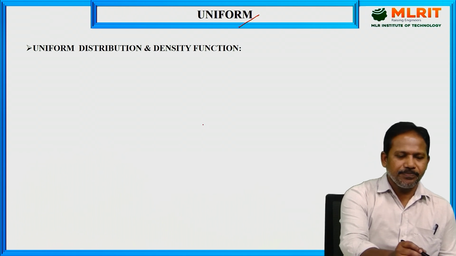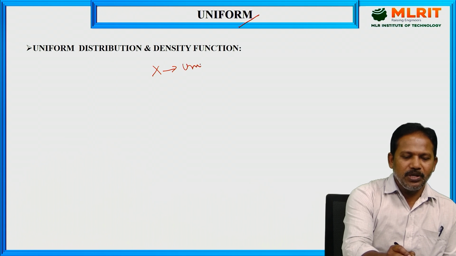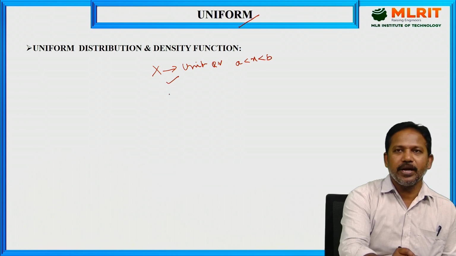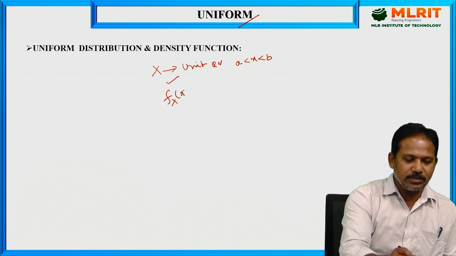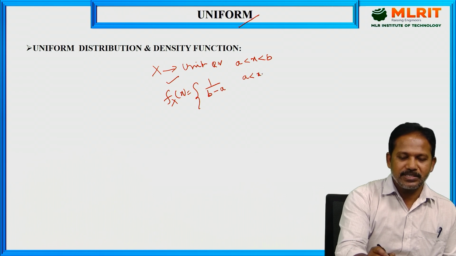So here, if X is a uniformly distributed random variable from a to b, then I want to find the uniform density function, that is fX(x) equals 1 by upper limit b minus lower limit a, in the range a less than x less than b, 0 otherwise.